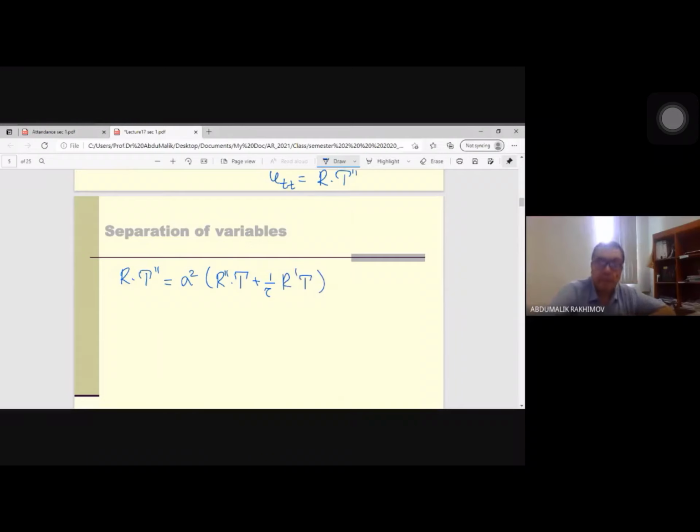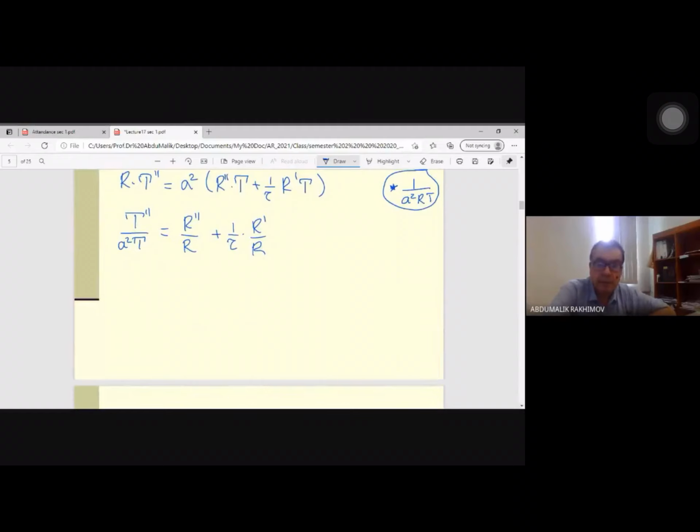Now let me multiply this equation by 1 over a squared R T. If we multiply both sides by this, on the left side you will have T double prime over a squared T, equal to R double prime over R plus 1 over r times R prime over R. So the variables are separated, because the left side is a function of t and the right side is a function of radius.